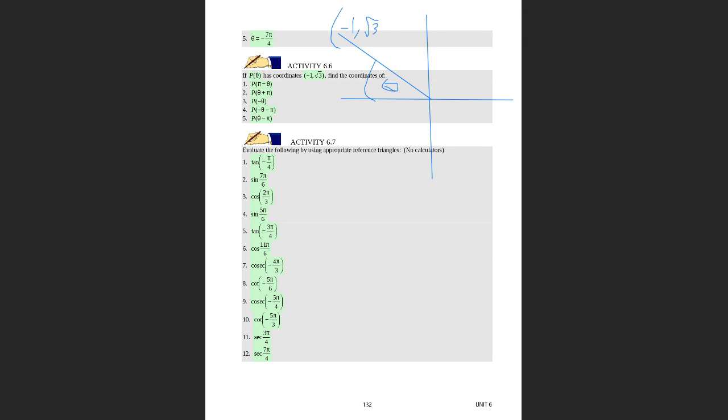Then the second one says minus theta. Minus theta simply means that this point will go in the opposite direction. So here it will become minus theta. It will be here.